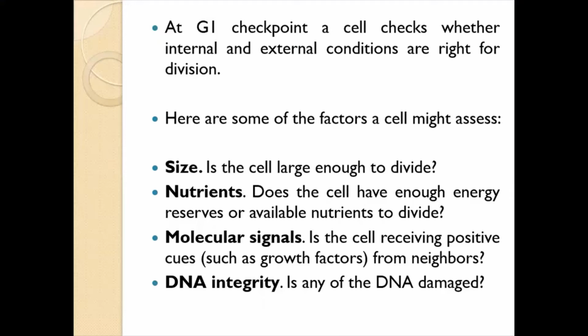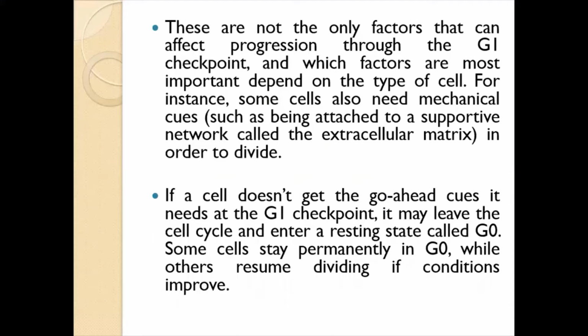And the fourth one is DNA integrity, which is very important, because if DNA is damaged, the cell should not go for the replication process, or else that will create irreversible errors, which may lead to several diseases. So these are not the only factors that affect progression through the G1 checkpoint, and which factors are most important depends on the type of cell.